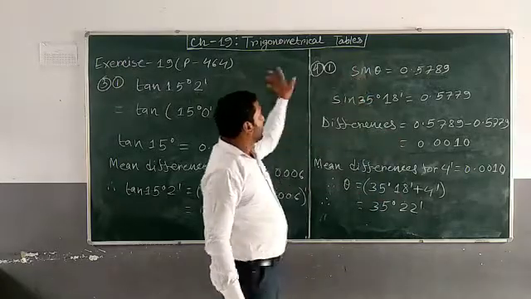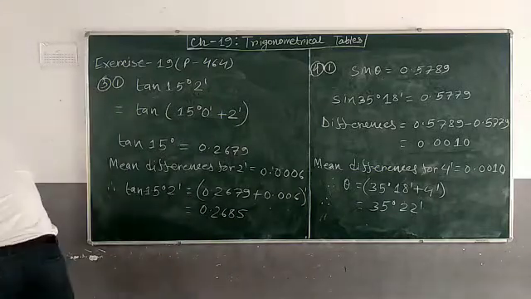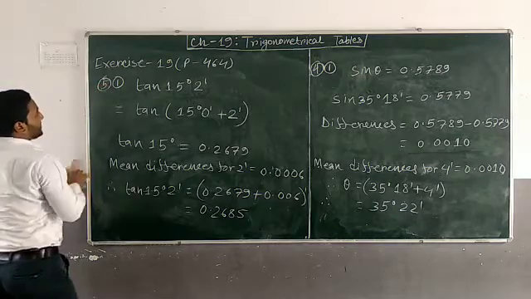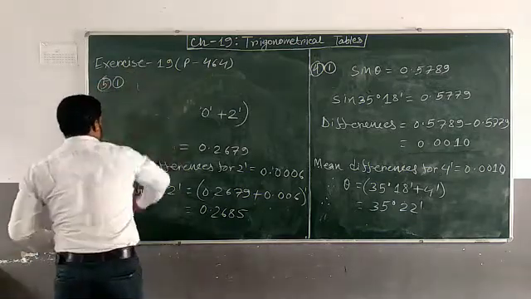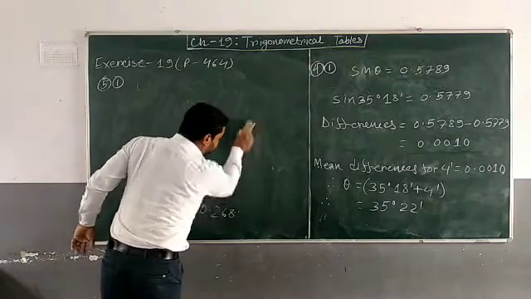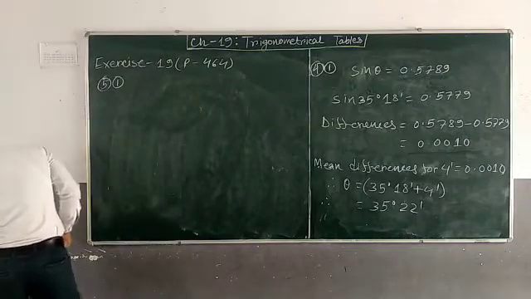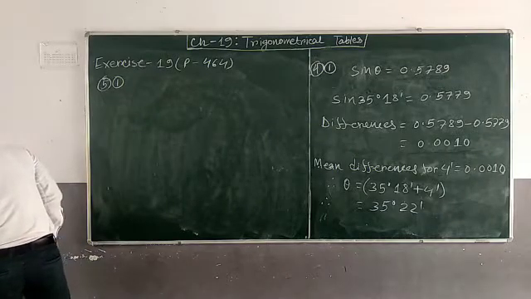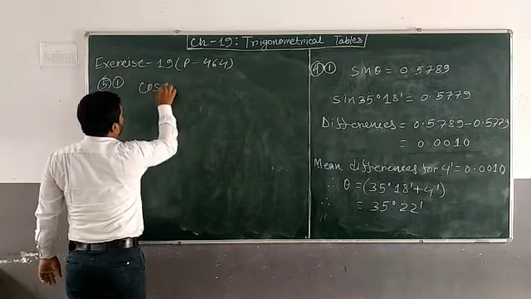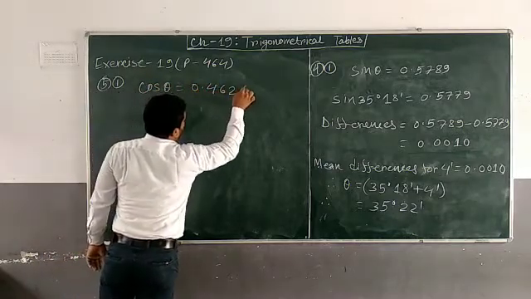Now for cos theta, the rest of the three problems will be the same as explained already. For next question number 5, first part for cos theta. It is given that cos theta equals 0.4625.